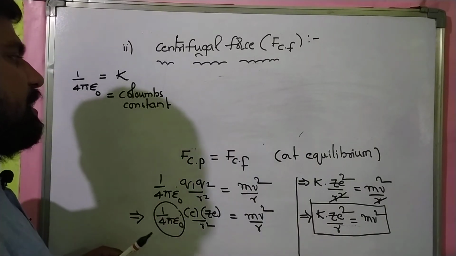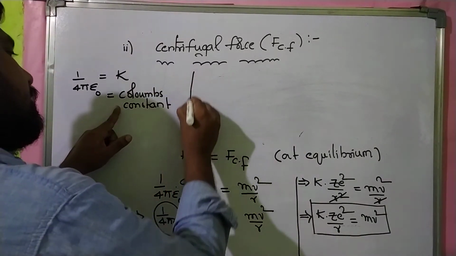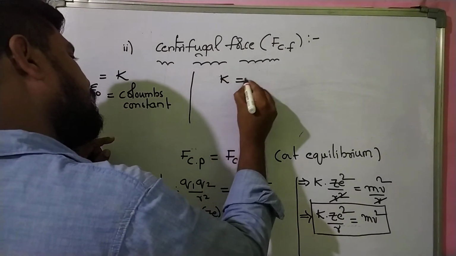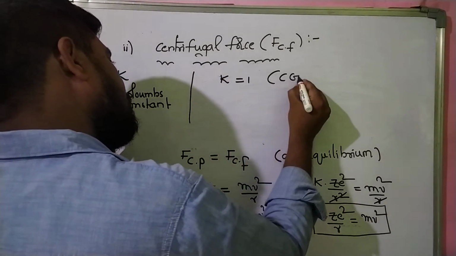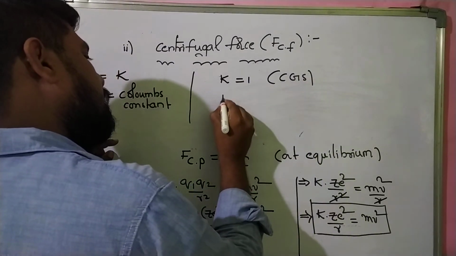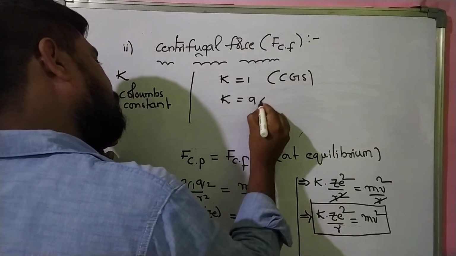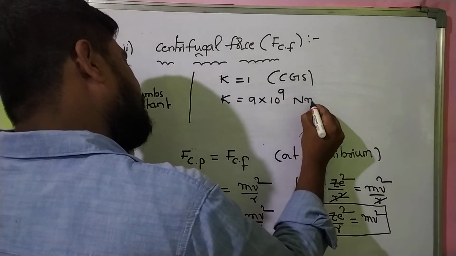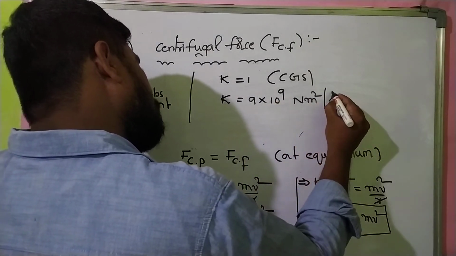Now for the values of K: K equals 1 in the CGS scale. In the SI system, K equals 9 into 10 to the power of 9 Newton meter square per Coulomb square.